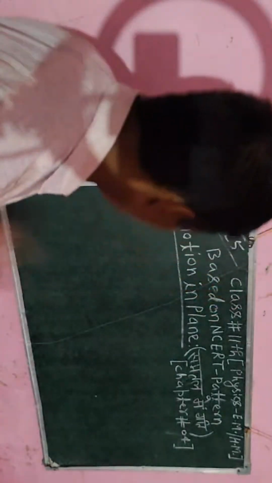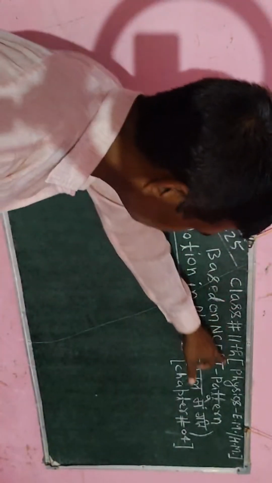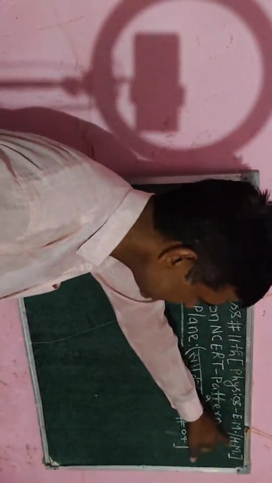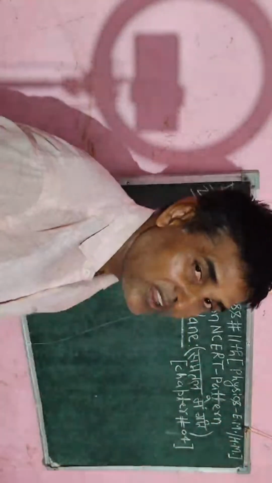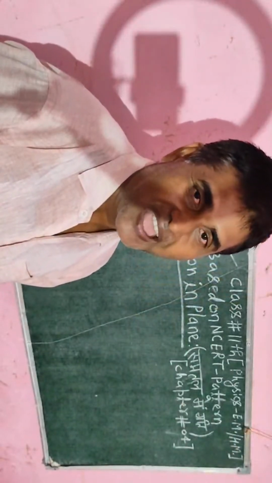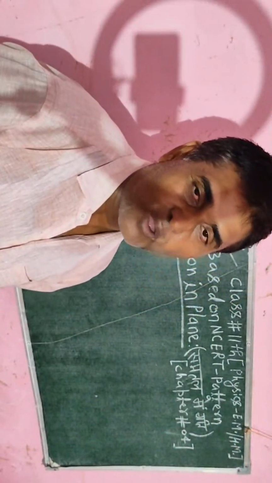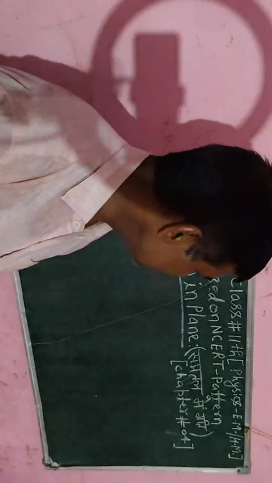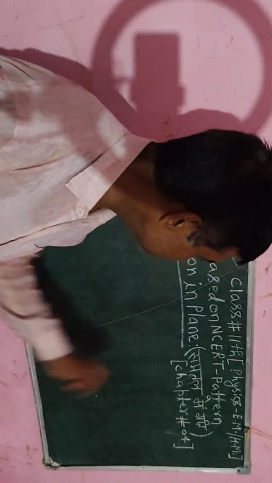Now this is class 11 physics, in English medium and also in Hindi medium. First of all, I will explain all information in English, and then I will translate all this information into Hindi medium.